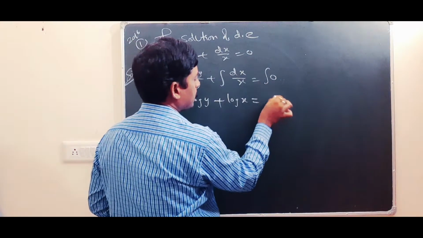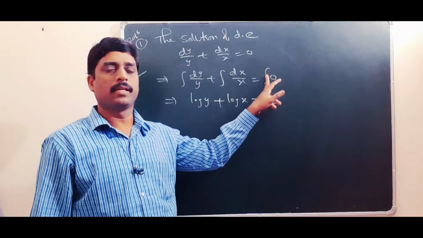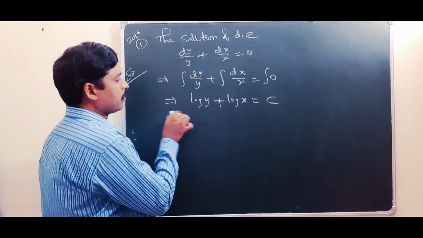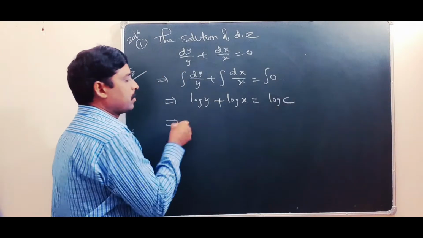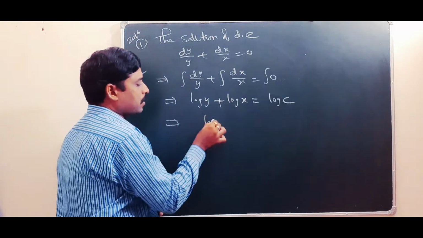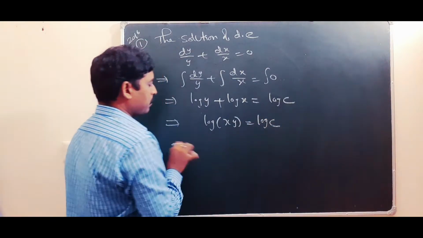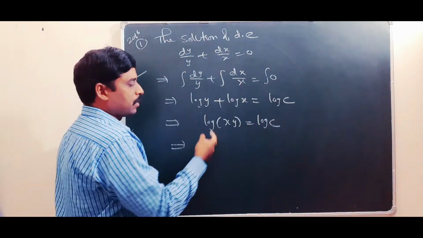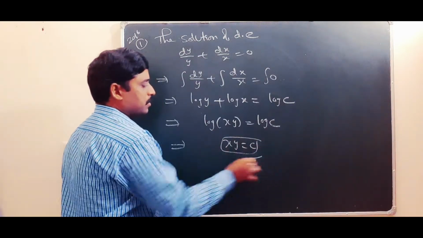Integral 0 is a constant, so we write log c. So log y plus log x is equal to log xy is equal to log c. Removing logarithms on both sides, xy is equal to c. This is the answer.